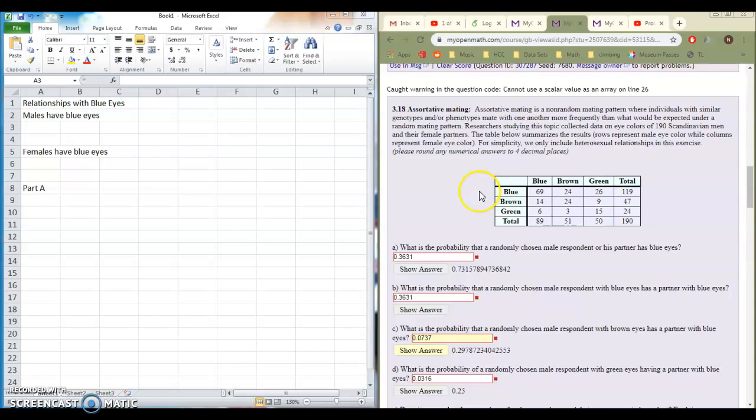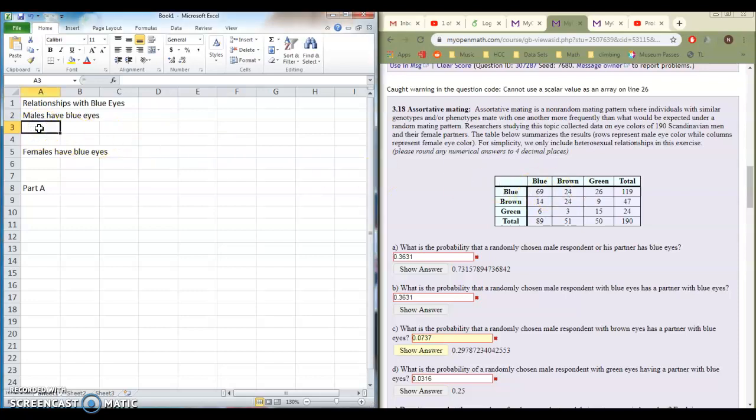So let's see. The rows represent male eye color while the columns represent female eye color. So these are the males that have blue eyes in this top row here, and these are the females that have blue eyes in this column here. Let's find out how many males have blue eyes.